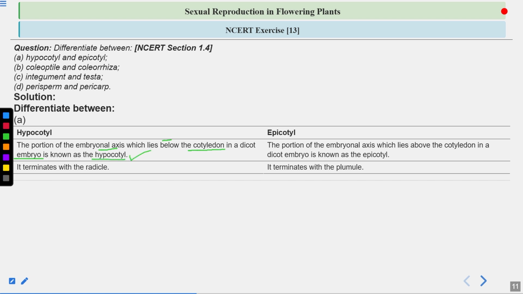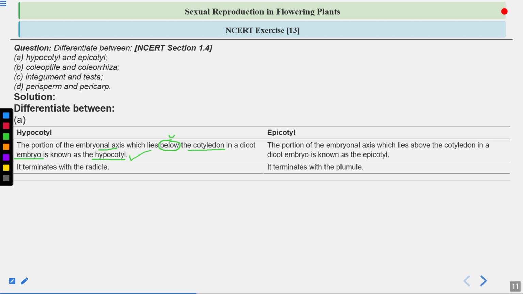You have to remember this word, below the cotyledon, that is the hypocotyl. The region of the embryonal axis that is below the cotyledon in a dicot embryo is known as hypocotyl. Very simple.